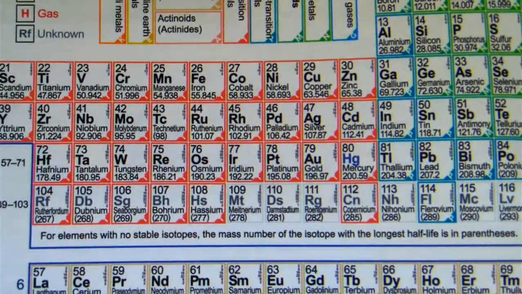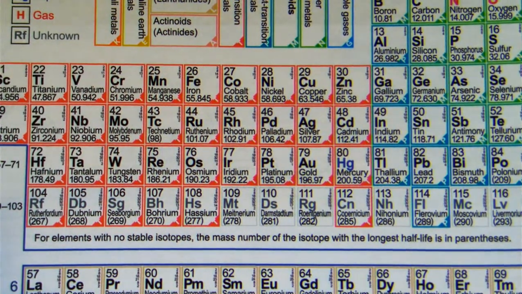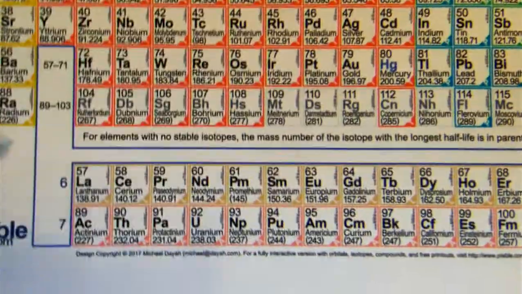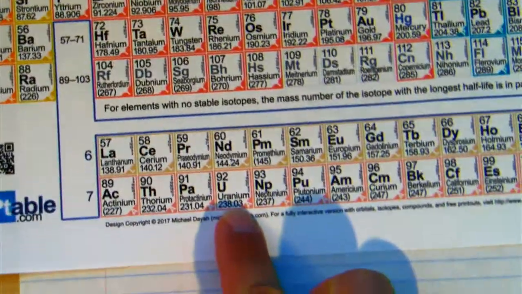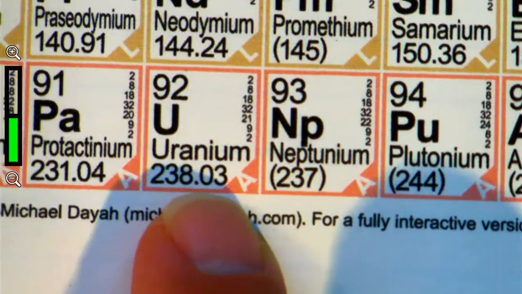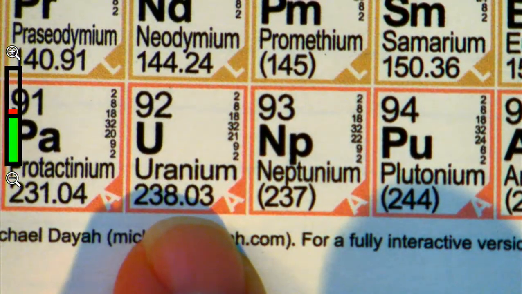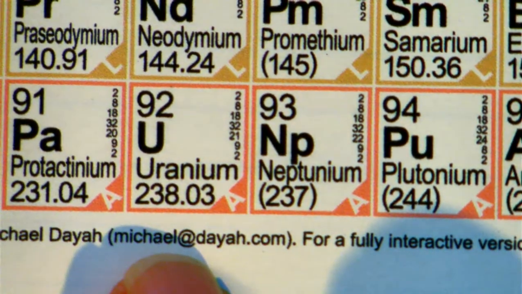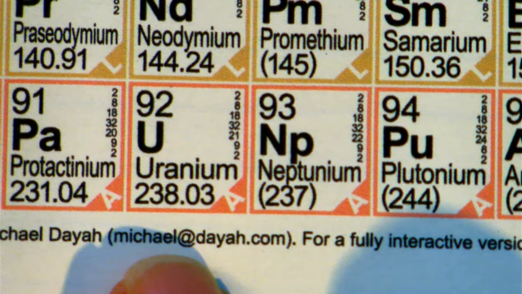I happen to have a periodic table because I'm teaching chemistry when I get done with you guys today. I suppose I should zoom in a little bit so you can see where we are in the big universe of things. Here is the element uranium. And by the way, let's do a chemistry review right now.